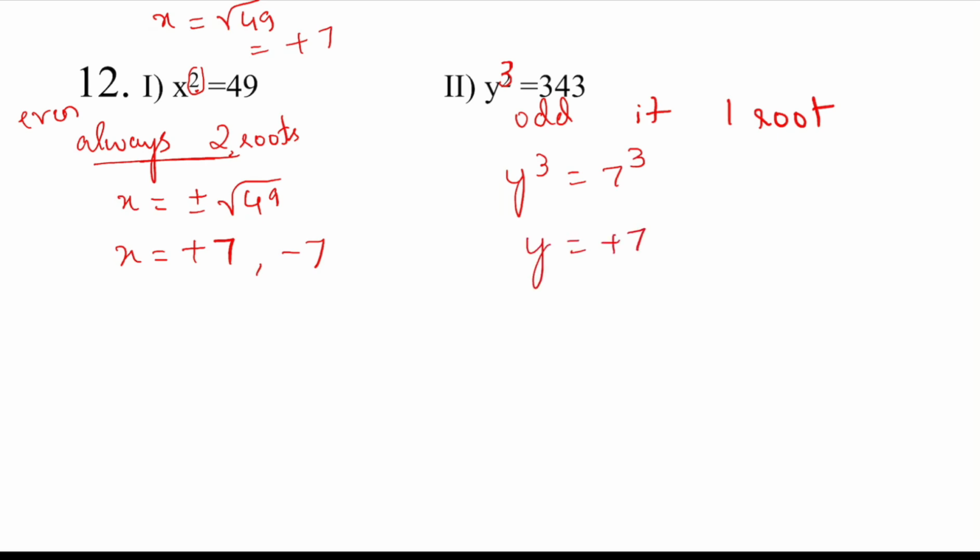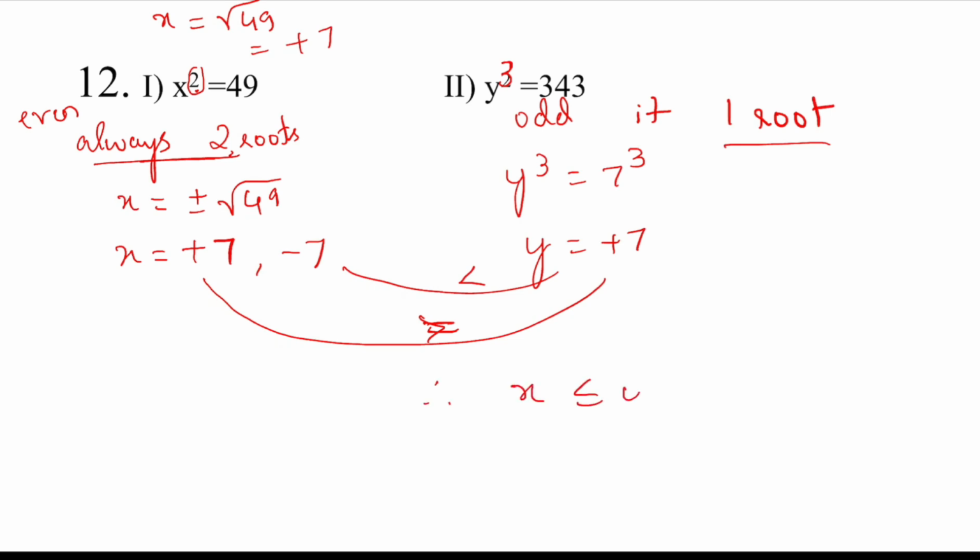So we got x values as plus 7, minus 7 and y is plus 7. It will have only one root when it is y cube, when the power is odd. When you compare this, x is equal to, and when you compare with this, y is greater. So therefore you can say x is less than or equal to y.